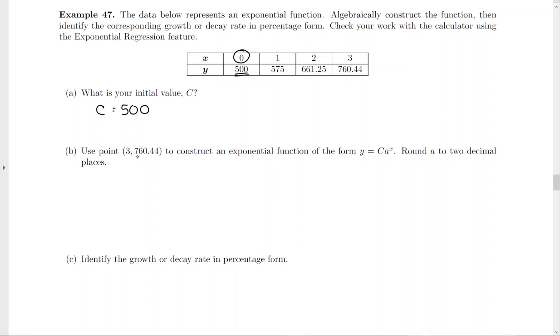So my y value equals c a to the power 3. My x was 3. Solve for a, so we're going to go back through and divide off by 500.